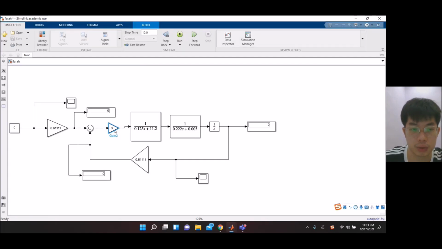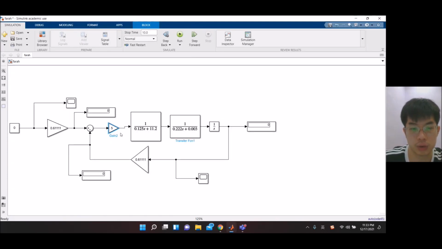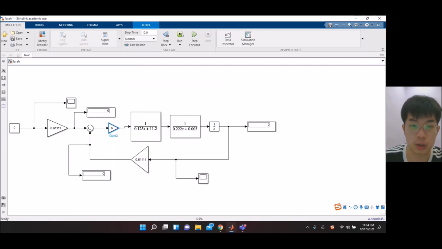Same as 0, change to 4, is also 0. 5, so 0, change to 6.